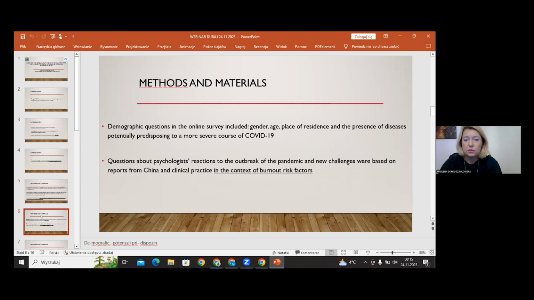And demographic questions in our survey included gender, age, place of residence, and potentially predisposing features to a more severe course of COVID-19. And questions about our population's reactions were connected with the context of burnout risk factors.